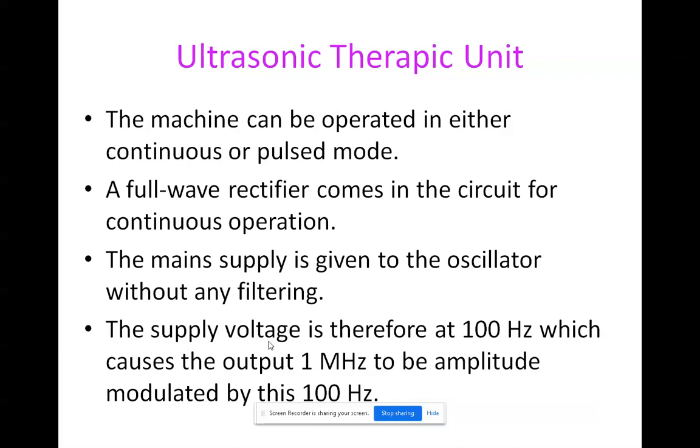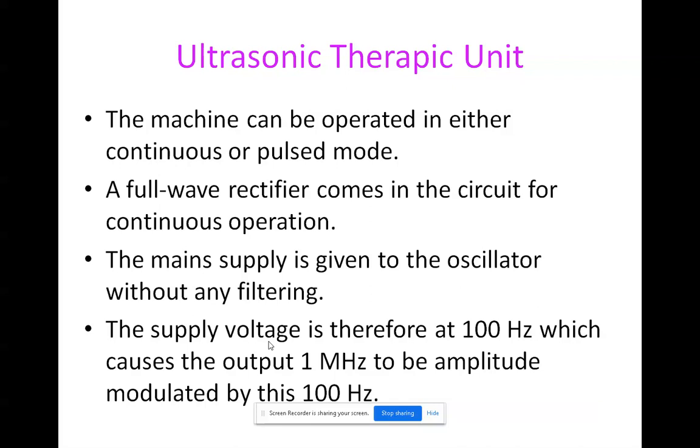The supply voltage is therefore at 100 hertz, which causes the output 1 megahertz to be amplified, modulated by this 100 hertz. So before giving it to the oscillator, you have to convert the mains supply AC voltage into DC voltage by full wave rectifier or half wave rectifier.